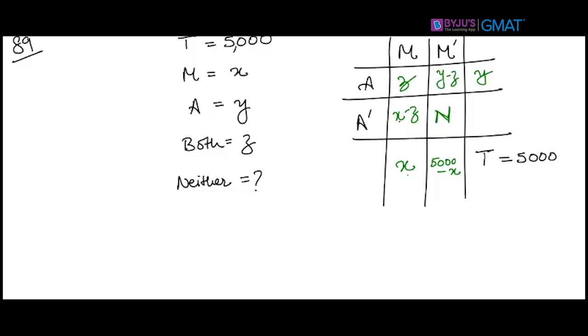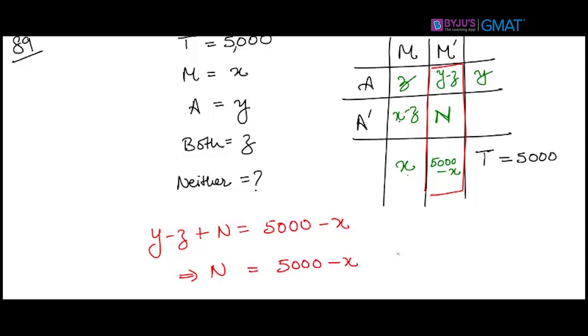And I have an equation here. The equation is clearly, you can write it down: Y minus Z plus neither should be equal to 5,000 minus X. That will give you neither as 5,000 minus X minus Y plus Z, which is answer option E.